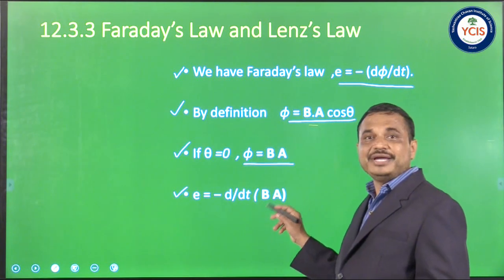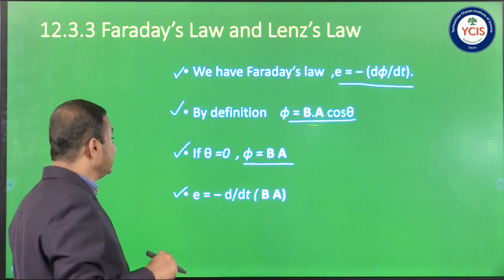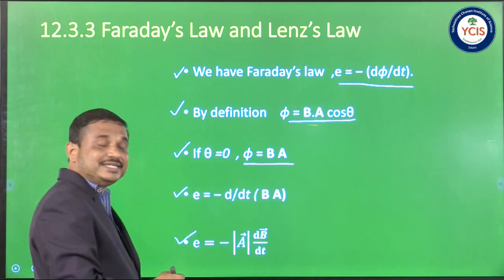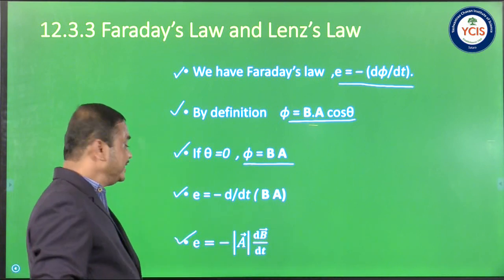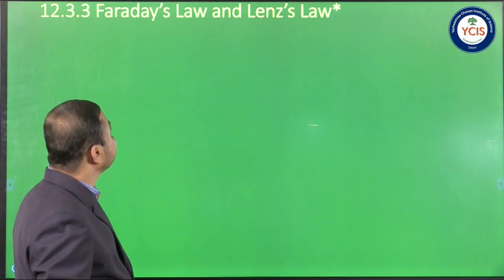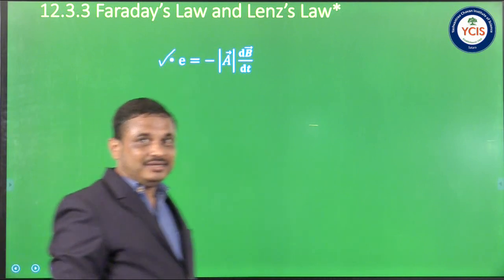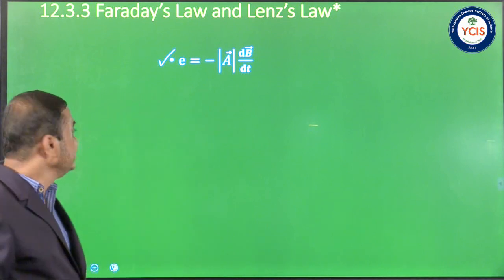So B is the magnitude of magnetic field or induction, and A is the surface area. So in vector form, we can write E is equal to minus modulus of A bar into dB bar by dt.